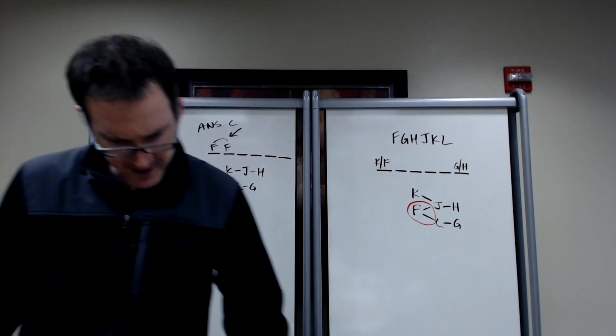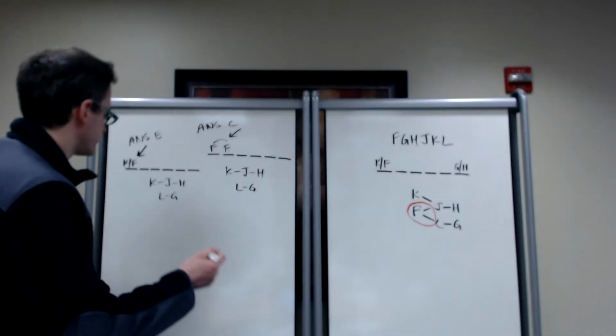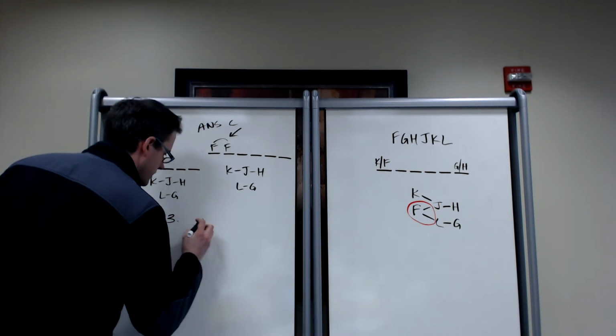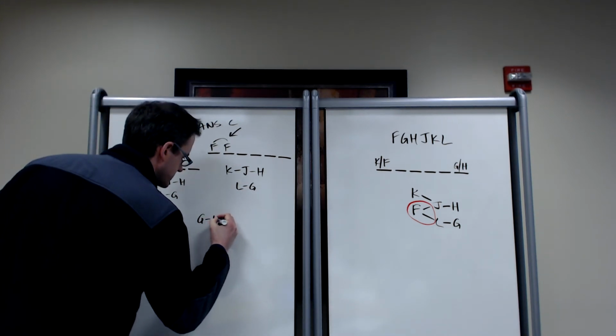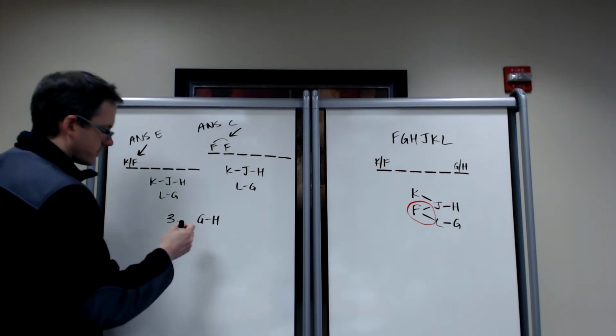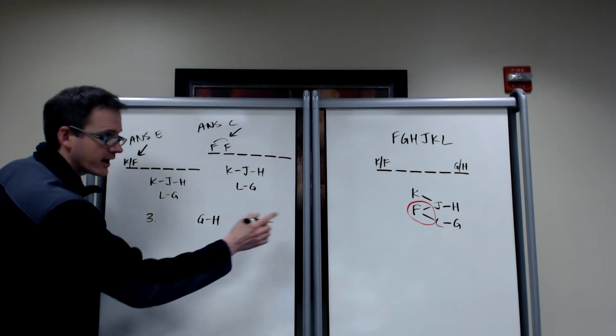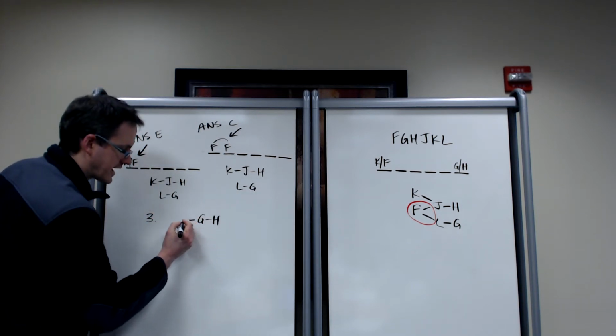3. If G is released earlier than H, which one of the following could be true? So this is question 3. If G is released earlier than H, what do we know about G and H? We know that L has to come before G, right? So I just add that in.